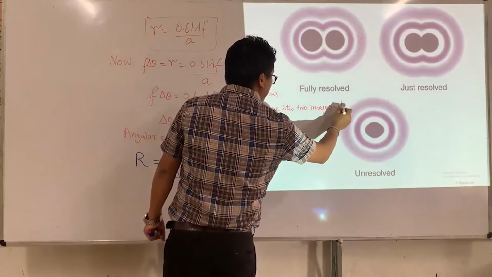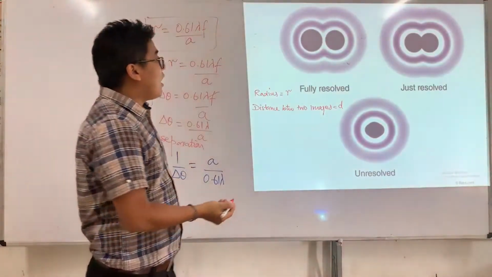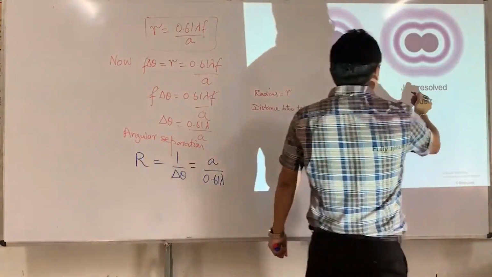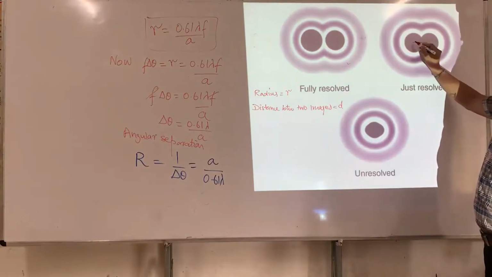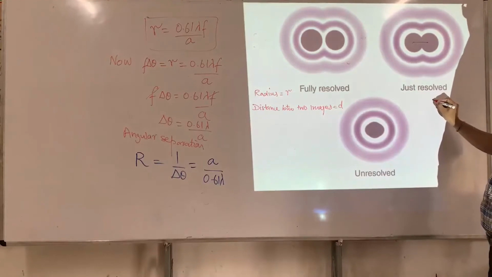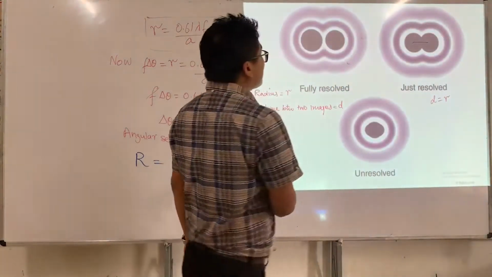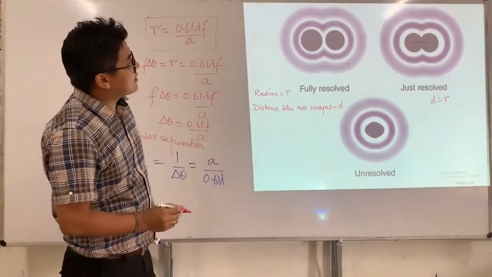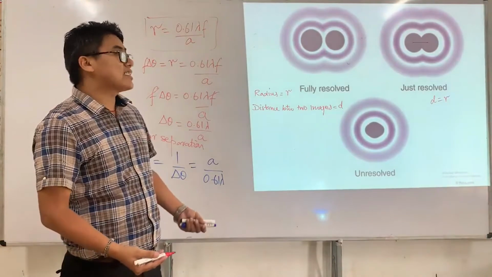Let's say it is D, and this is R. For just resolved, if the distance is equal to the radius, then we call it just resolved.